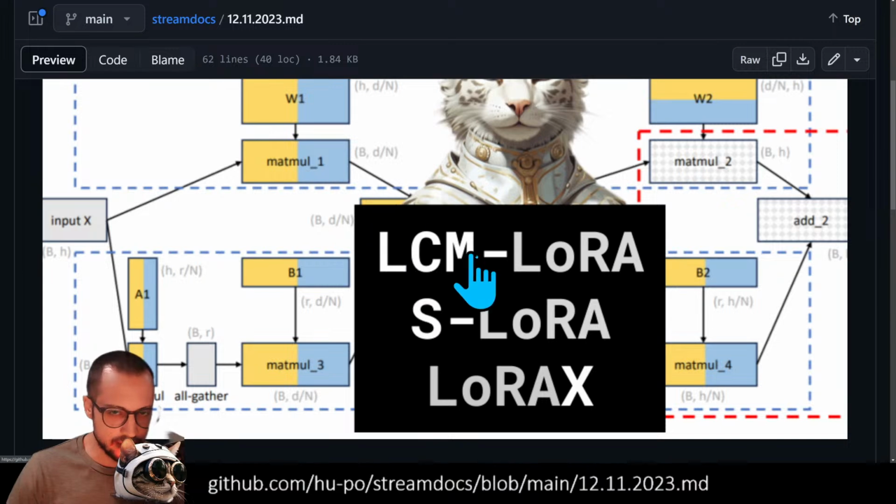LCM LoRA is a little bit different than S-LoRA and LoRAX. S-LoRA and LoRAX are more similar. They're related to performance and getting multiple LoRAs to run. But LCM LoRA is its own little standalone thing. So I'm going to quickly review LCM LoRA, and then we'll spend the majority of the time looking at S-LoRA and LoRAX.